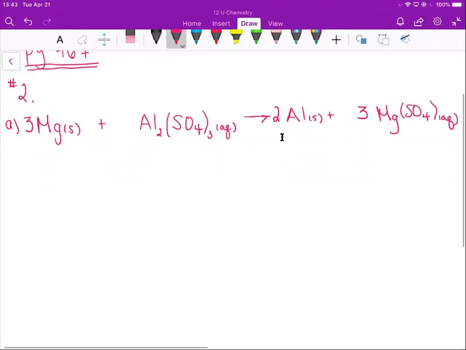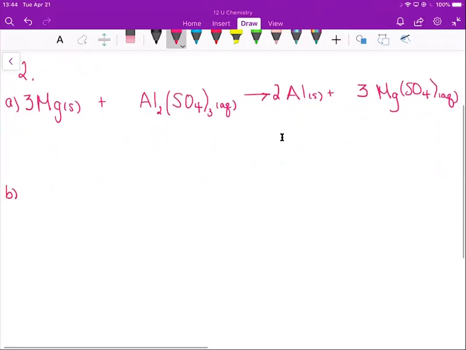B, I'm giving ourselves lots of space because we have number 3 and number 4 to do. A solution of silver nitrate. We're going to assume all nitrates are aqueous, plus metallic cadmium. And then we're going to react those two.